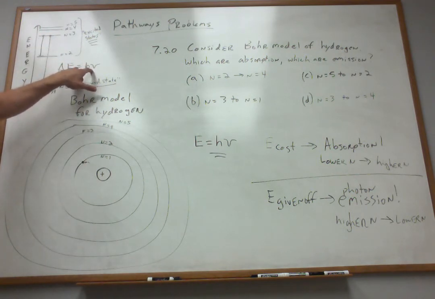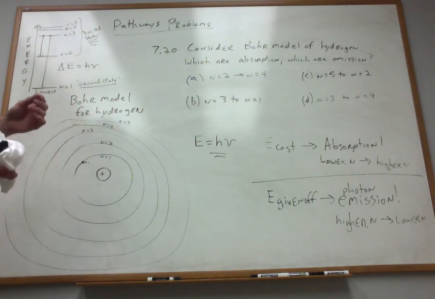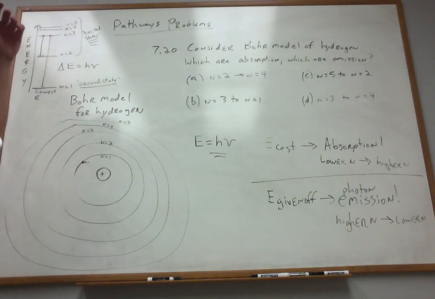And the reason why this model was originally transformative for hydrogen is because it allowed the explanation of why hydrogen was observed to give off an emission spectrum of very specific wavelengths. This model explains that nicely, okay, in kind of a cartoon drawing sort of way.